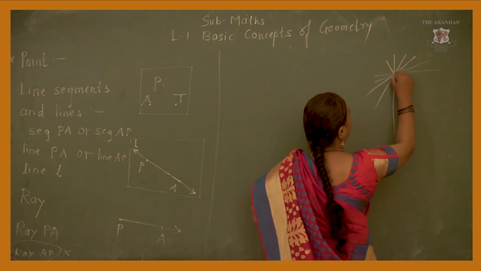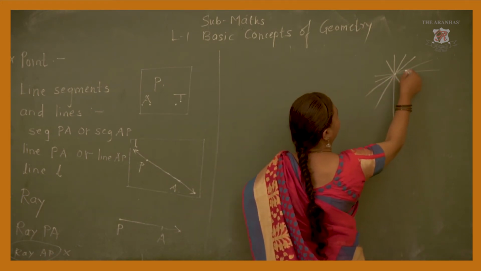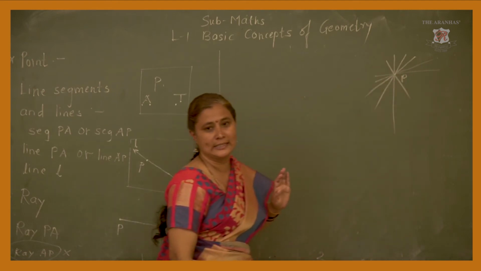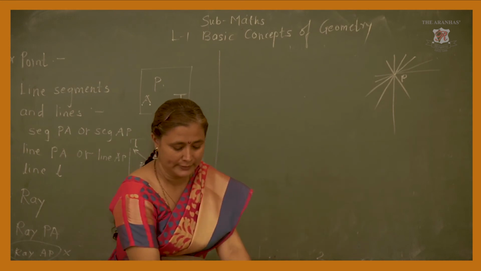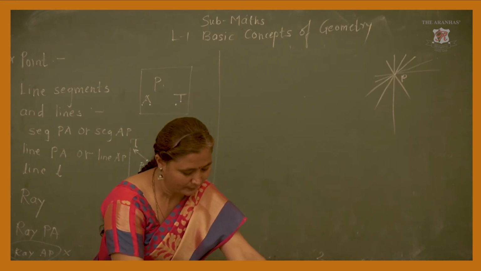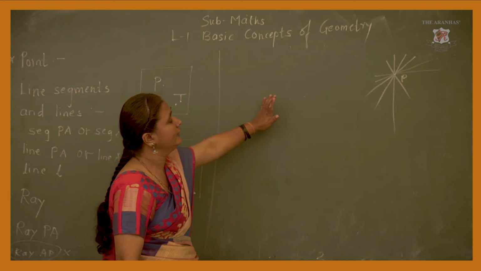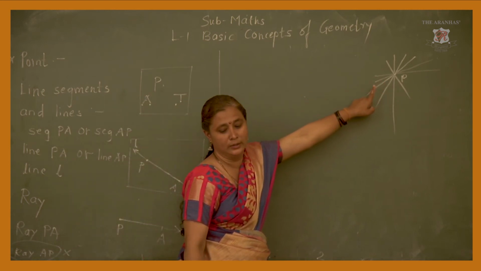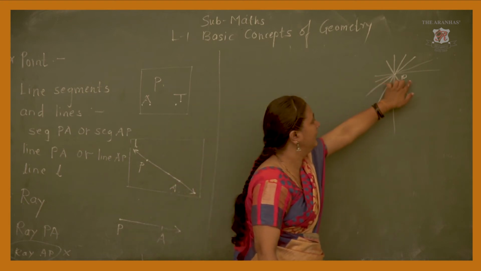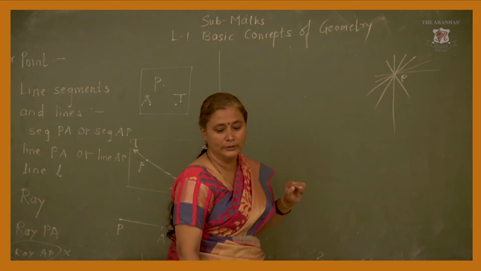Here, point P is called the point of concurrence. An infinite number of lines can be drawn through a single point, and the point P is called the point of concurrence.